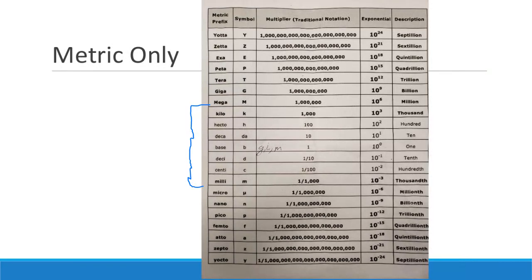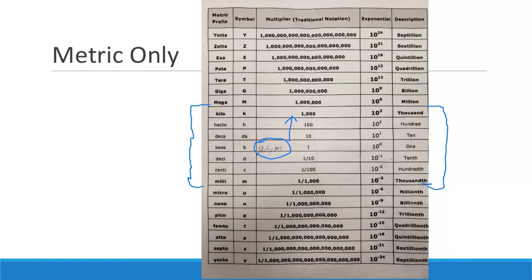And that goes from kilo, the thousand, to the thousandth. But first, our base is right here, grams, liters, meters in the center. And as you go up, you can see how exponentially larger it gets, right?